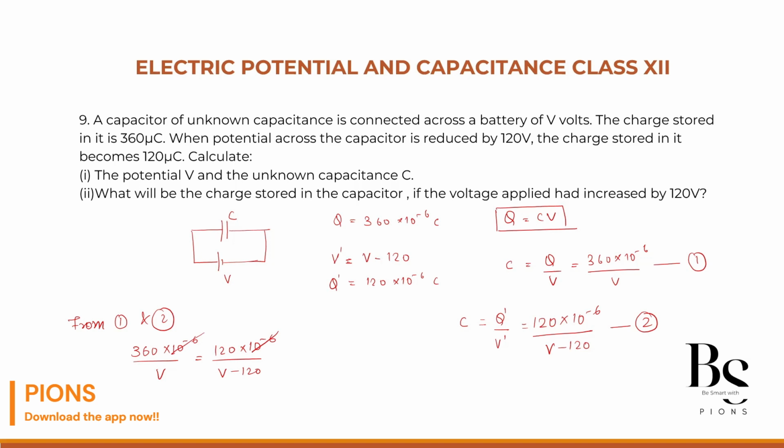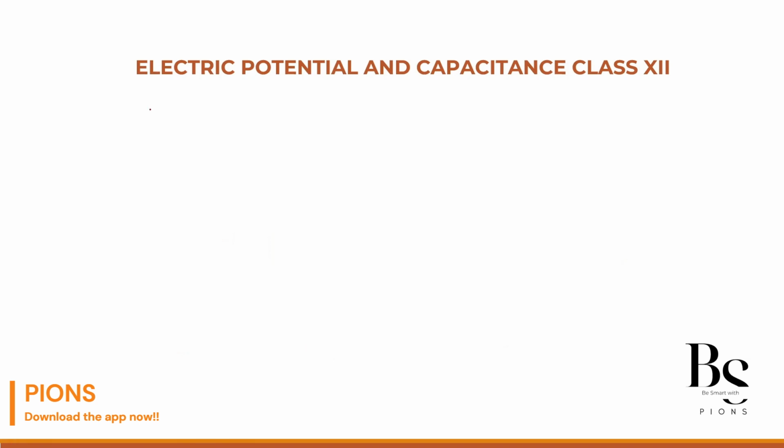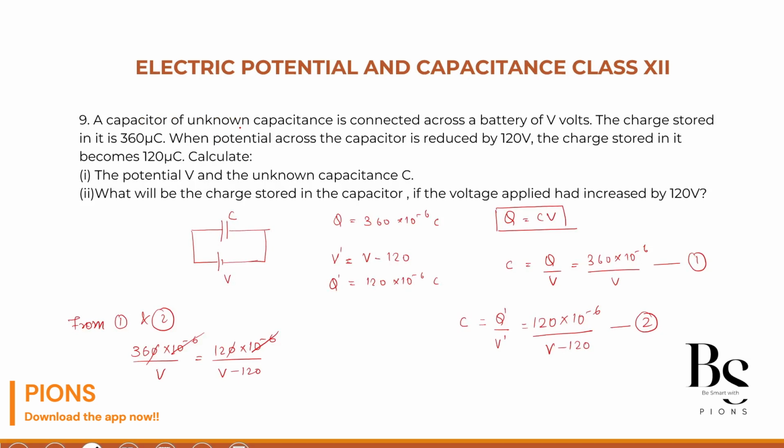Before I cross multiply, let me simplify more. The zeros cancel, and if I take 12 to the left hand side, it will be 36 upon V equals 12 upon V minus 120. Let's confirm it once again. Yes, this is our equation.